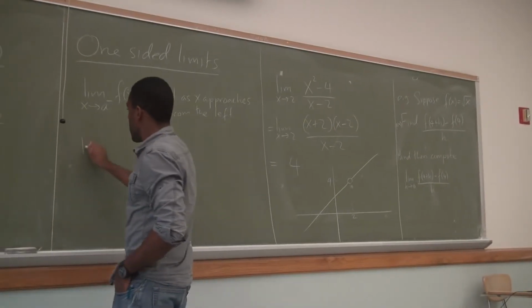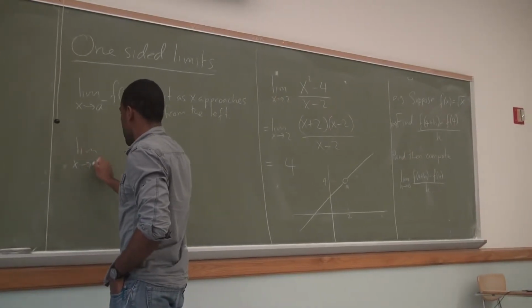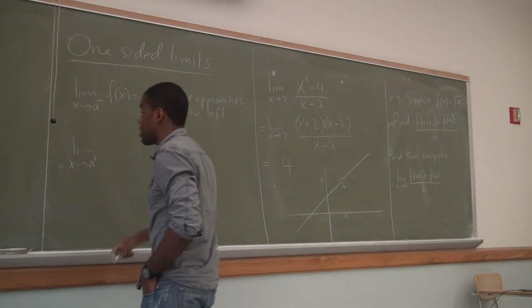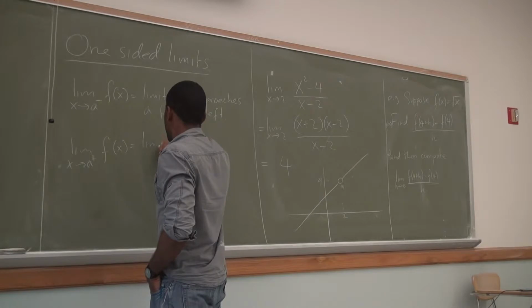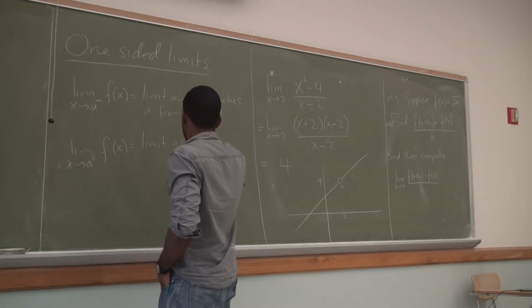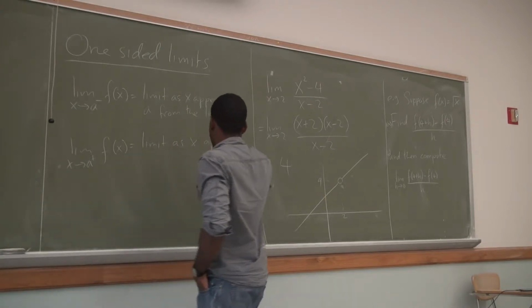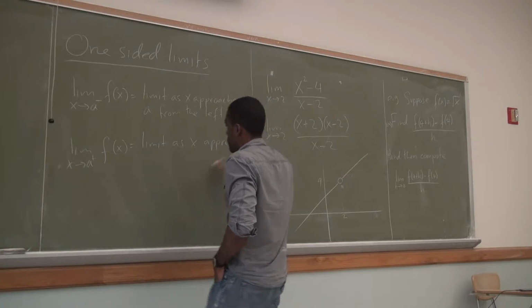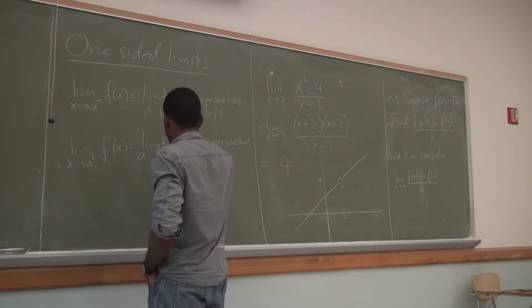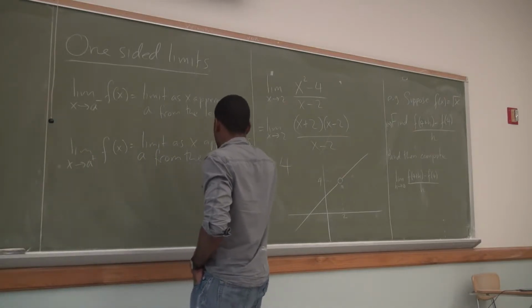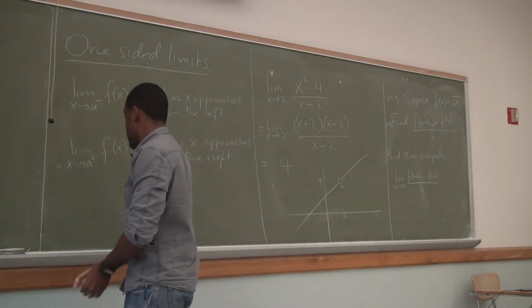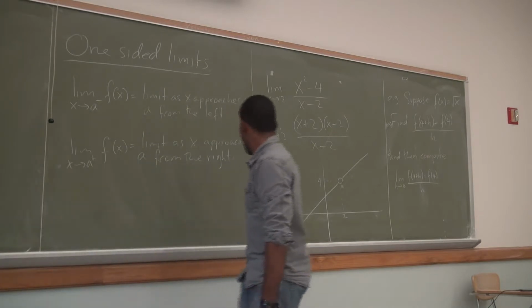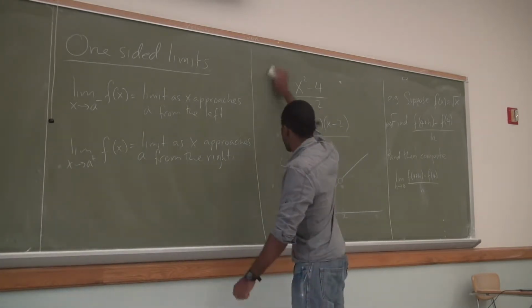When I say limit as x approaches a, and I put a little plus sign here, f of x, this is equal to the limit as x approaches a from the right. Now, the reason why we break things up like this is because they're not always the same number.